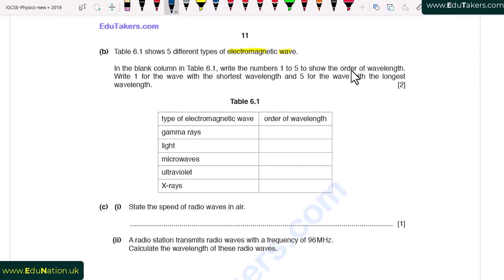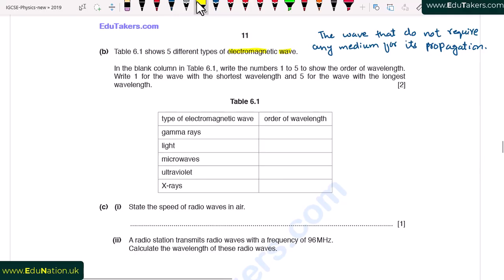I write here: the waves that do not require any medium for their propagation. So these are electromagnetic waves.